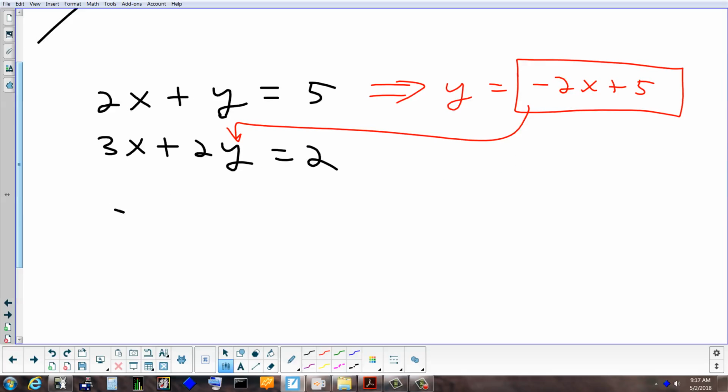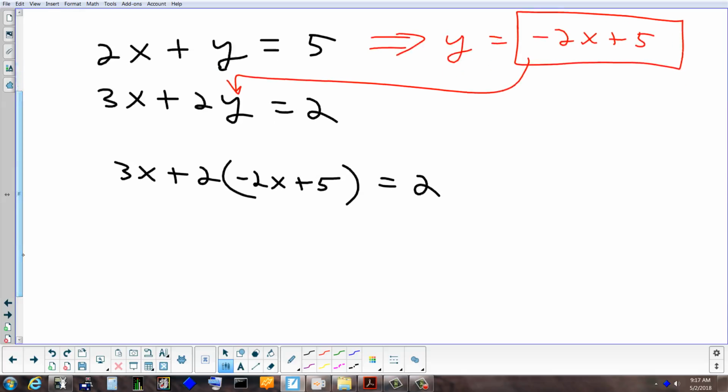All right, so we get 3x. Anytime you do substitution, it's always a good idea to put parentheses because it's double y. So whatever you change y to, in this case a binomial, 2 terms, you have to double each term, not just the first one and the second one. So 3x plus 2y equals 2.